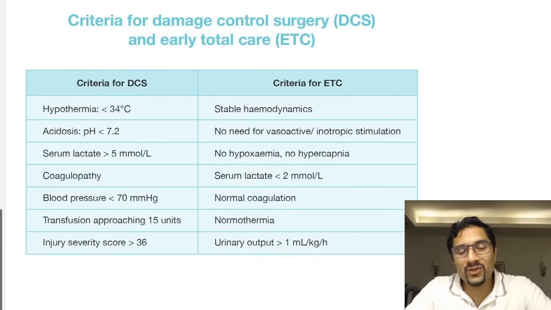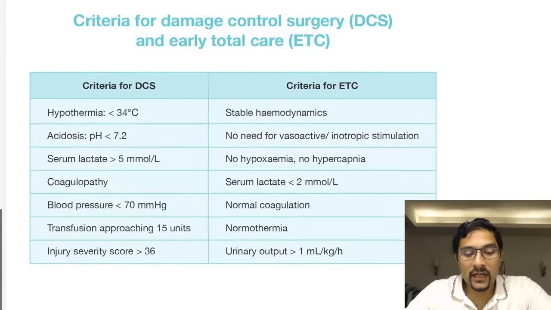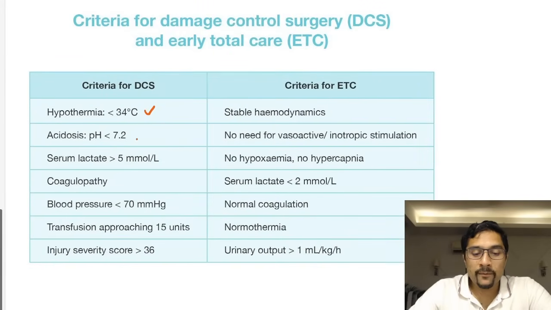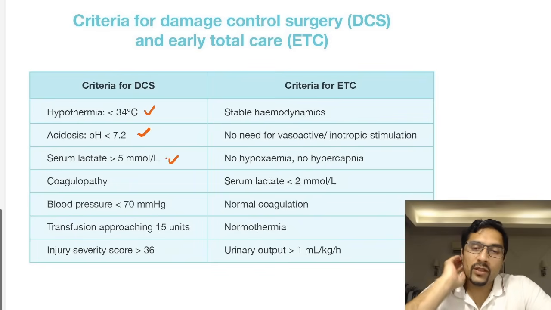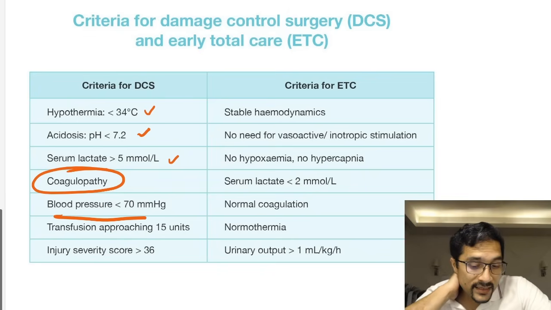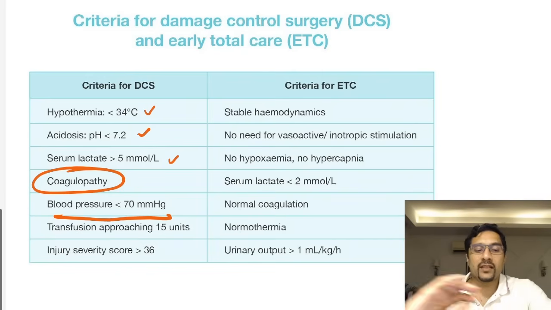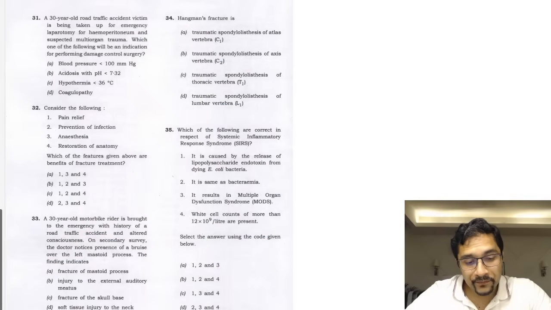Now, damage control surgery, we know the lethal triad is hypothermia, acidosis, coagulopathy. But there are certain values: hypothermia less than 34, acidosis less than 7.2, lactate more than 5, coagulopathy, blood pressure less than 70, transfusion approaching 15 units, and the ISS, injury severity score, more than 36.